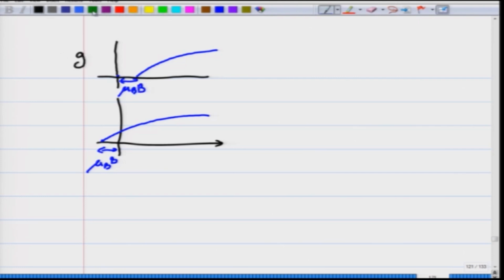this is the density of states for the magnetization oriented opposite to the magnetic field, and this is the density of states for those electrons oriented parallel to the direction of the magnetic field, okay.